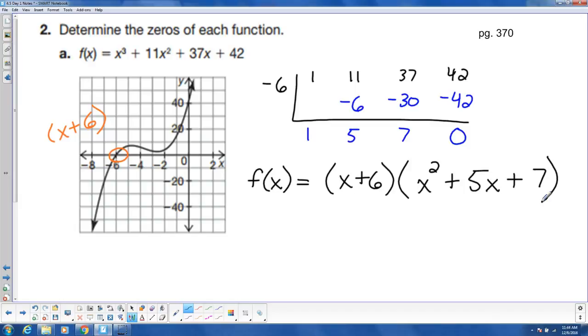Now, knowing what you know from chapters 4 and 3 and 2, what can you tell me about the solutions, the answers, the zeros, the roots to f of x? Which is going to help us when we try to do something with that second factor.